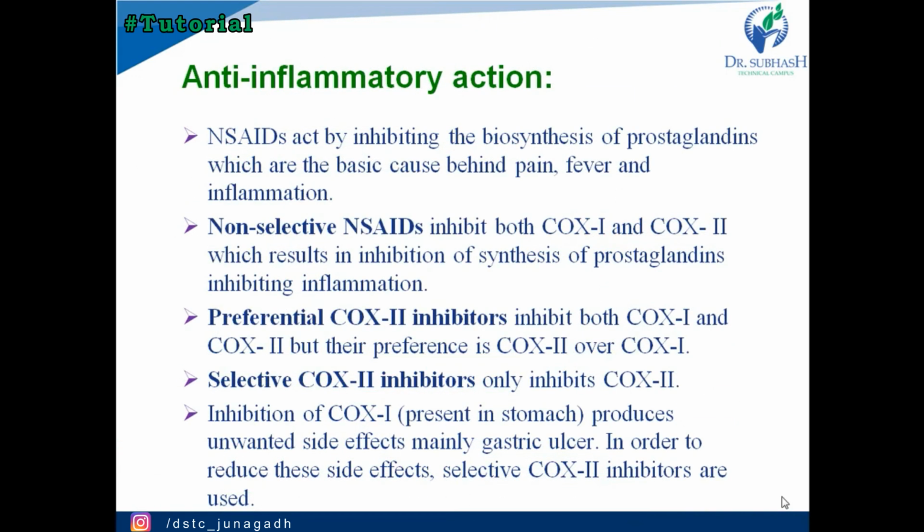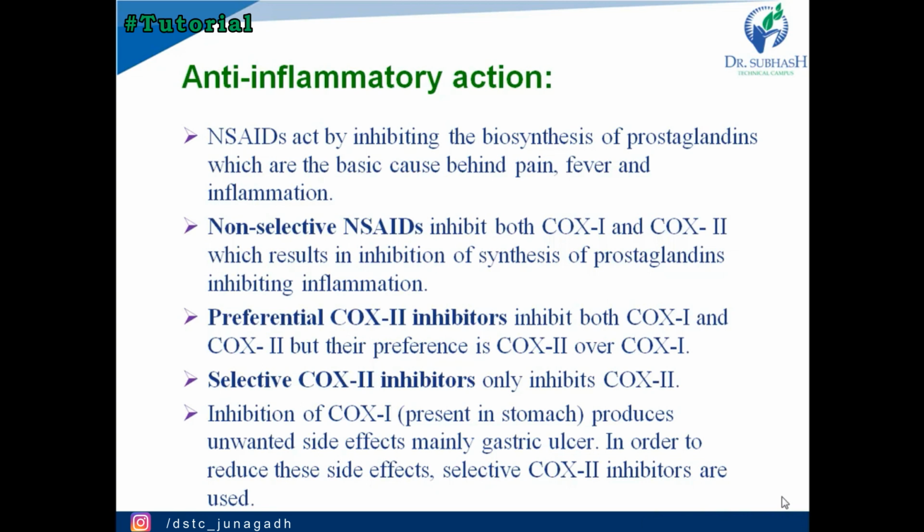And it is very clear from the title that non-selective NSAIDs inhibit both COX-1 and COX-2. Preferential inhibitors prefer COX-2 over COX-1, and selective COX-2 inhibitors only inhibit the COX-2 isoform. As we know, COX-1 enzymes are included in the production of prostaglandins, which are involved in normal physiological function.